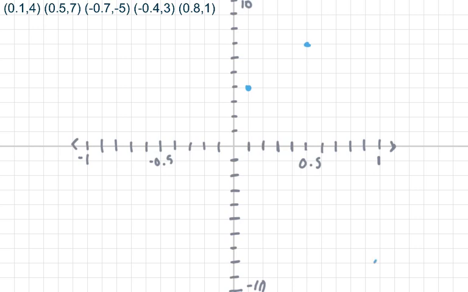So we're going to go to the left to -0.7 and then down to -5. -0.4, we're going to go to the left to -0.4 and then go up to 3. And then 0.8 and 1. So we're going to go over to the right to 0.8 and then up 1.